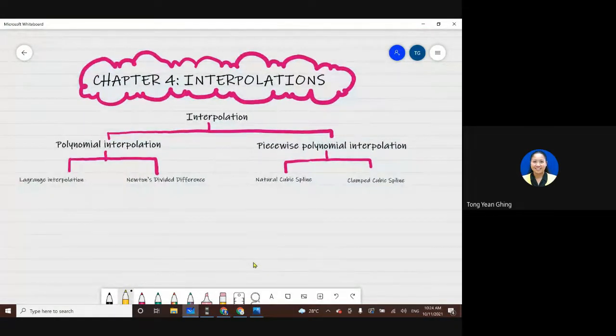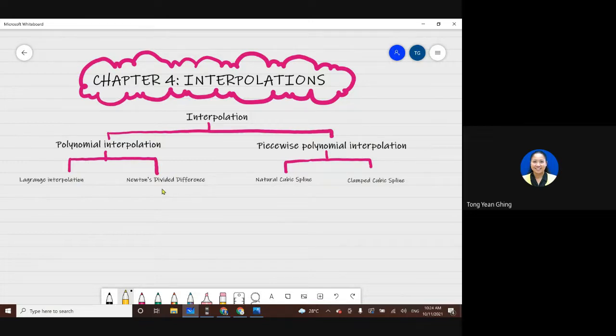Basically, for interpolation we have two methods: polynomial interpolation and piecewise polynomial interpolation. For polynomial interpolation, there are two methods: Lagrange interpolation and Newton divided difference.